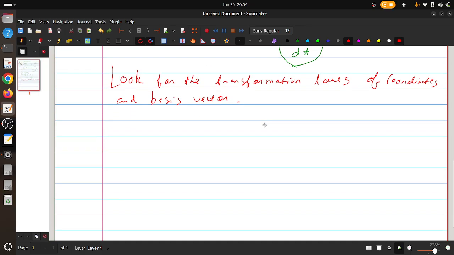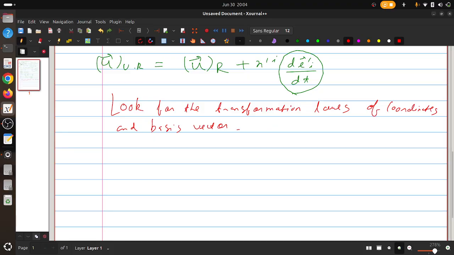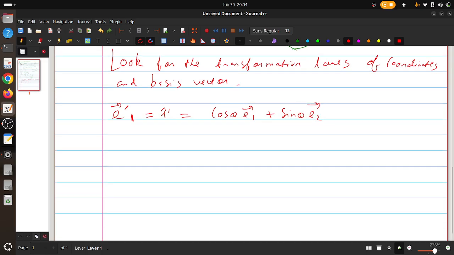Right. So in order to do this differentiation, we can write e1 prime, which is nothing but i prime cap in the more familiar notation, as cos theta e1 plus sine theta e2. So this is a transformation from the prime frame to the unprimed frame. How do we exactly see this?